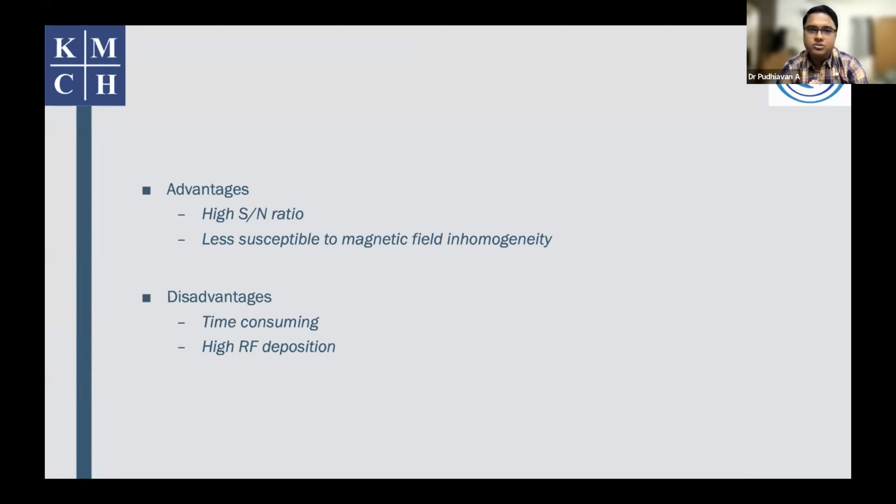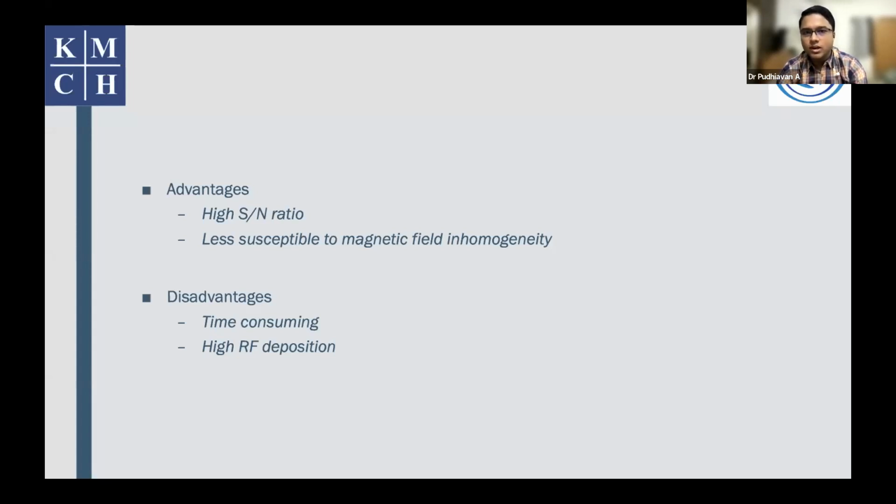The disadvantage of using a spin echo sequence is that it is time consuming, because we are not only using one 90-degree RF pulse, but we are also using another 180-degree RF pulse. When the number of RF pulses that are given increases, the time taken for the image acquisition also increases. And again, there is high RF deposition.